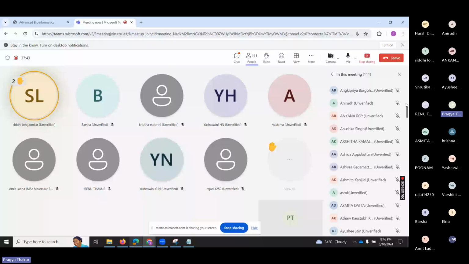You can also have a Kindle subscription and search for the books there. I will post it on the group, and you can go through the books in detail. Okay, ma'am. Thank you.